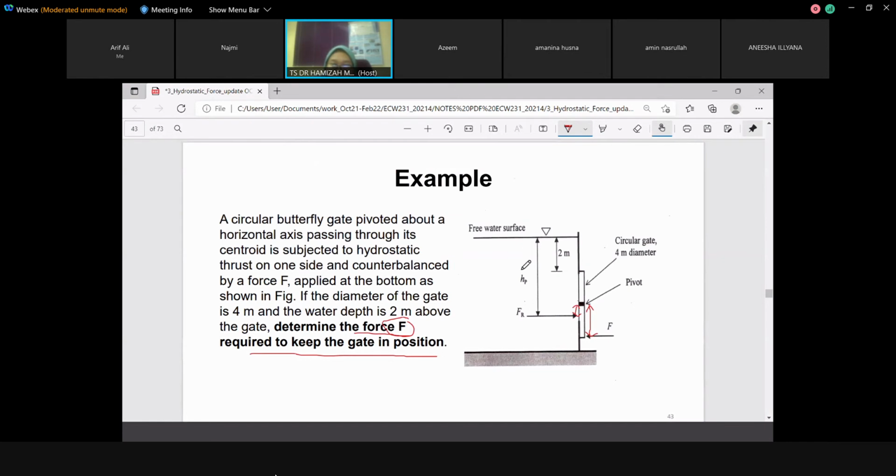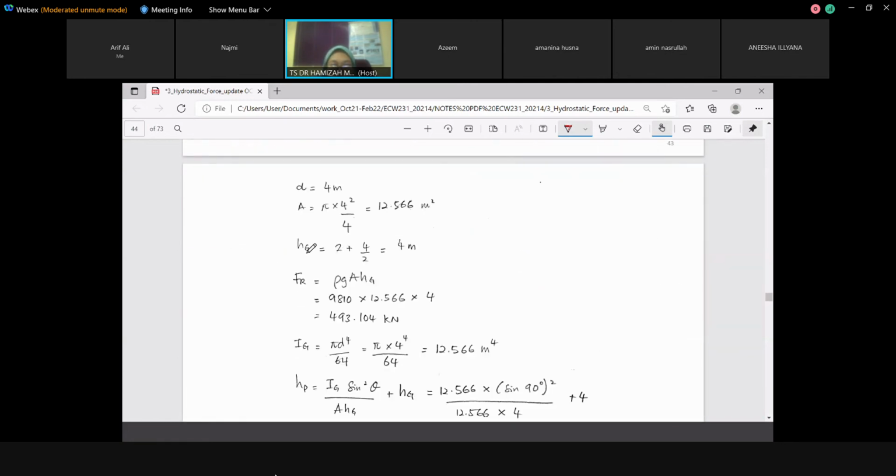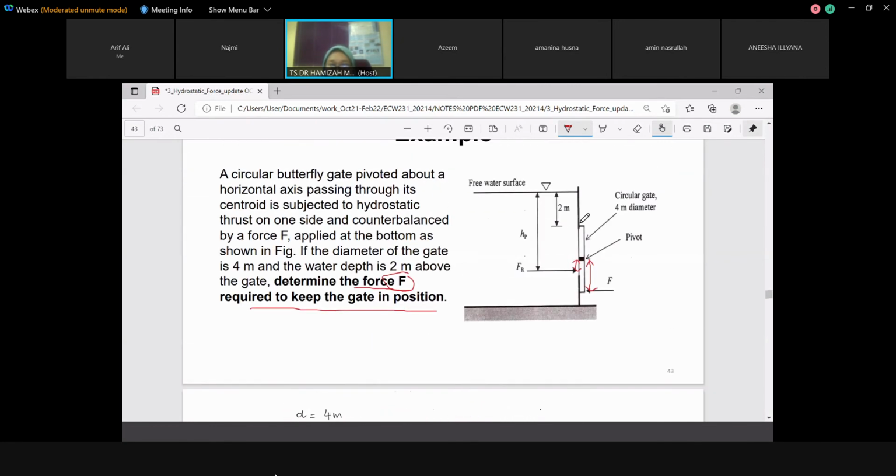Okay, HP ni you can use formula. HG also you can determine from this one. So 2. Tinggi gate ni ialah 4 meter. So HG ialah 2 tambah 2. Okay, so HG dia 4. The area nampak macam tegak kan? So you can check with the question.